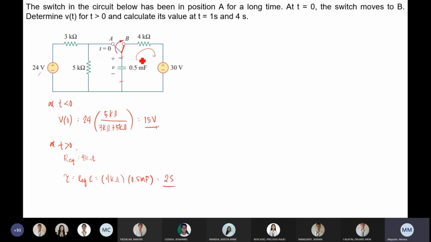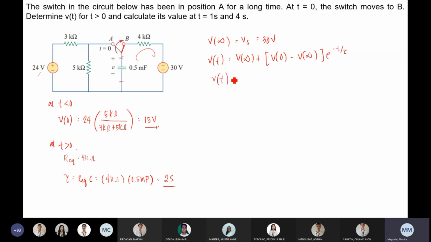So, dito sa source-free RC circuit natin, 'di ba yung V infinite natin equal din sa V source, no? Eh ang source natin dito, 'di ba, si 30 volts. So 30 volts na siya. So yung complete nating response, v of t equals V infinite plus V of 0 minus V of infinite times e raised to negative t over tau.